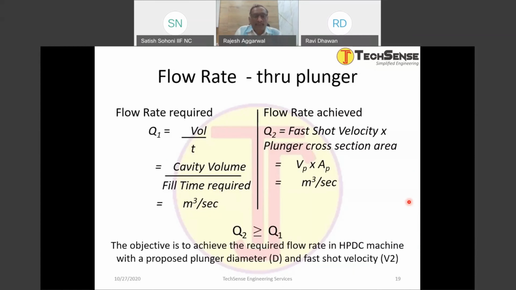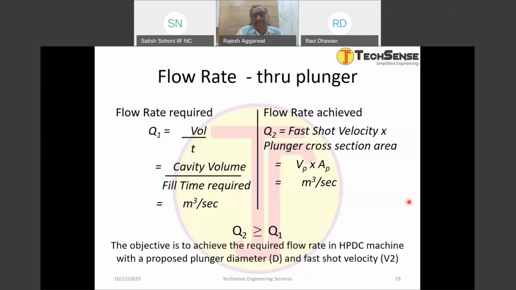So now in this slide we are trying to convert that fill time to the flow rate. With the basic understanding of the fill time, the rest of the calculations will all be based on the flow rate.